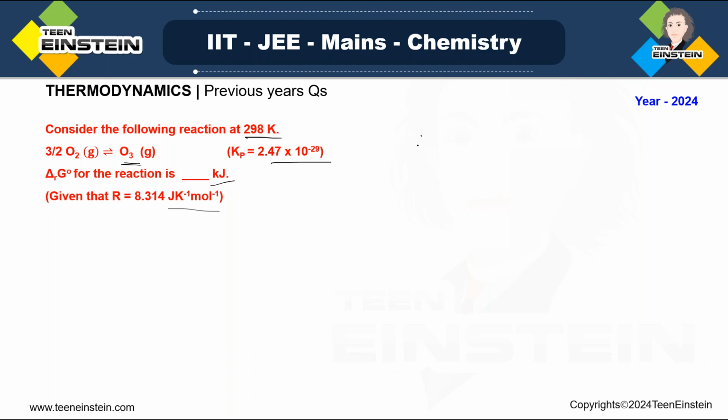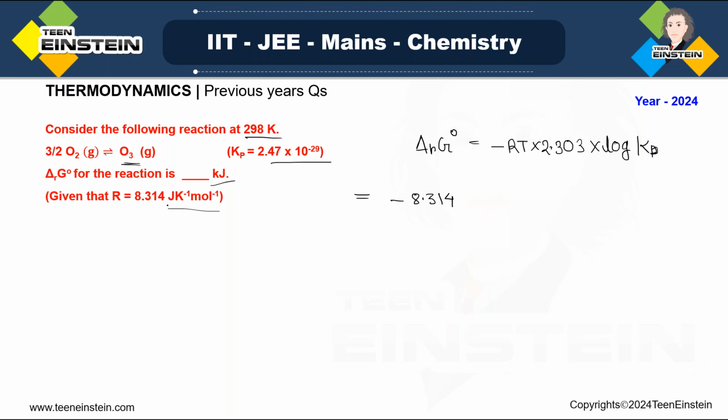In this case, first of all, we will write the relationship of delta r G naught, the Gibbs free energy change for this reaction, which is equal to minus RT ln Kp, but we will write it as log, so minus 2.303 multiplied by RT log Kp. Fine. Now R value is already given, so we will put it.